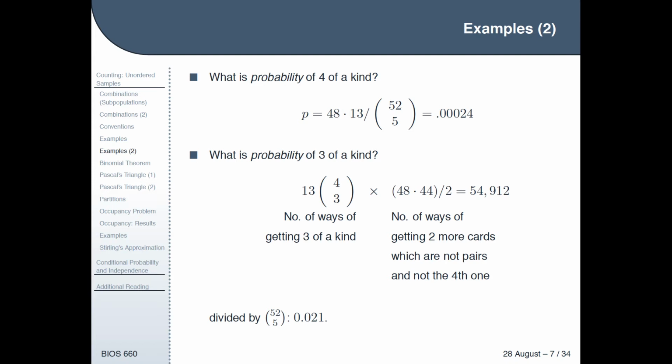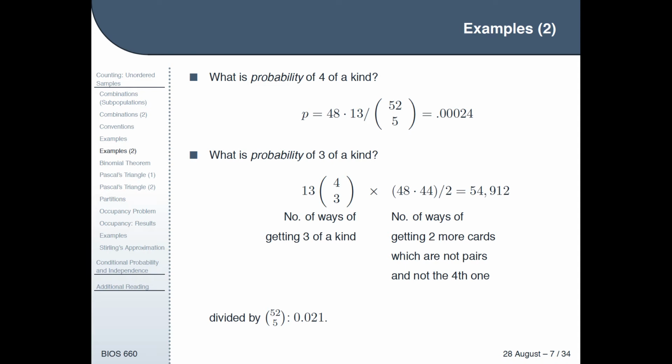So that's going to be equal to 4 choose 3, which of course is equal to 4. Another way you could think of it is just in your 3 of a kind, 1 suit is going to be missing. There are 4 possible suits that could be missing. The total number of ways that you can get 3 of a kind is therefore 13 times 4.